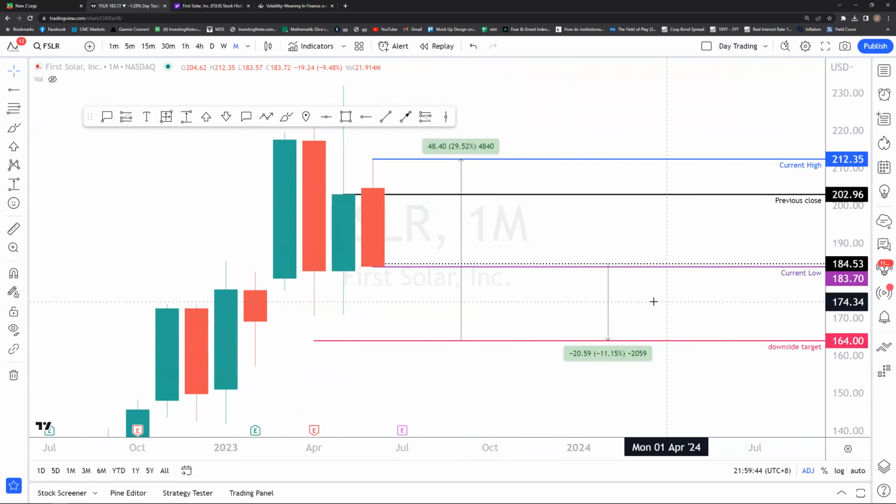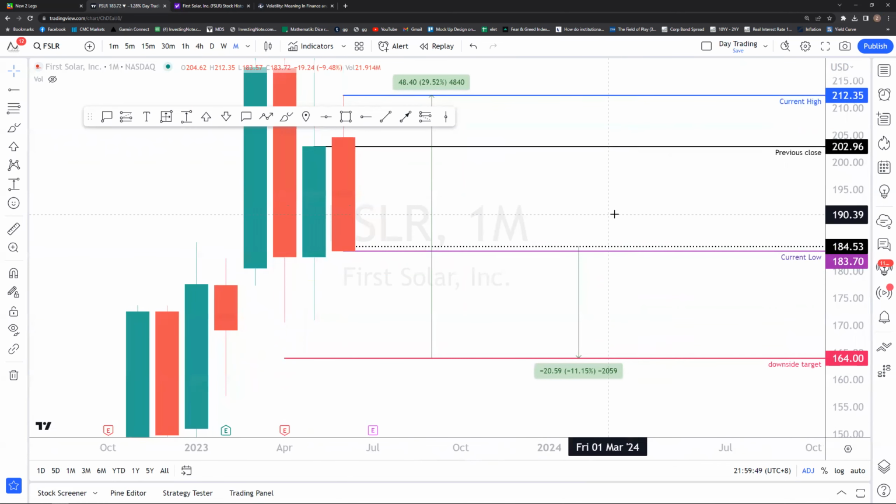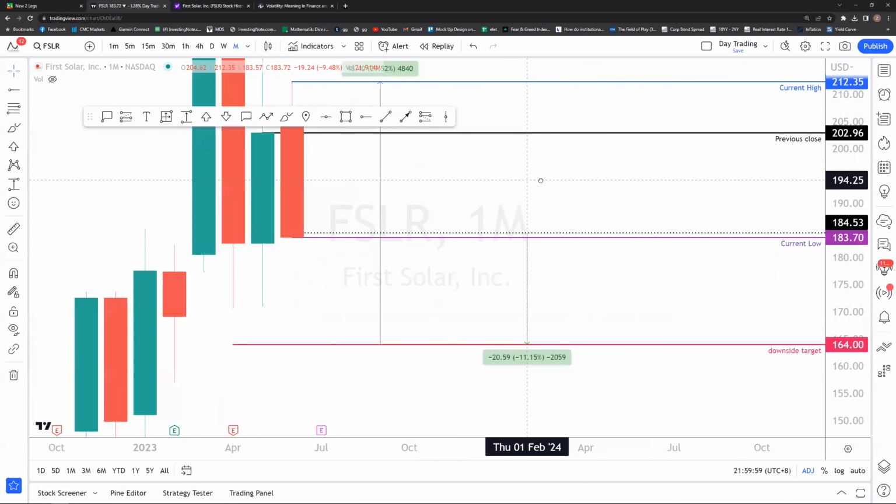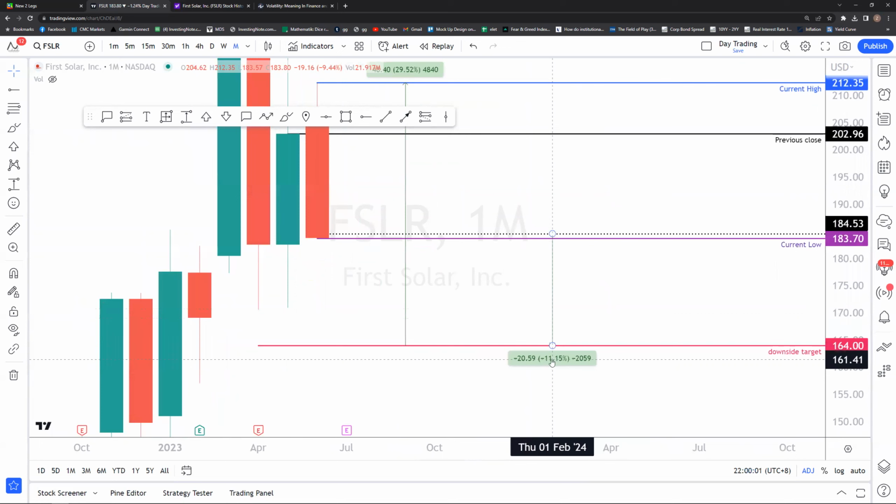instead of looking at the current month. Let's say we enter at 184, and in the next 1 month going forward, 1 month from now, the day after we enter, what is the chance from a high to low perspective of us hitting this stop loss, which is only 11%?